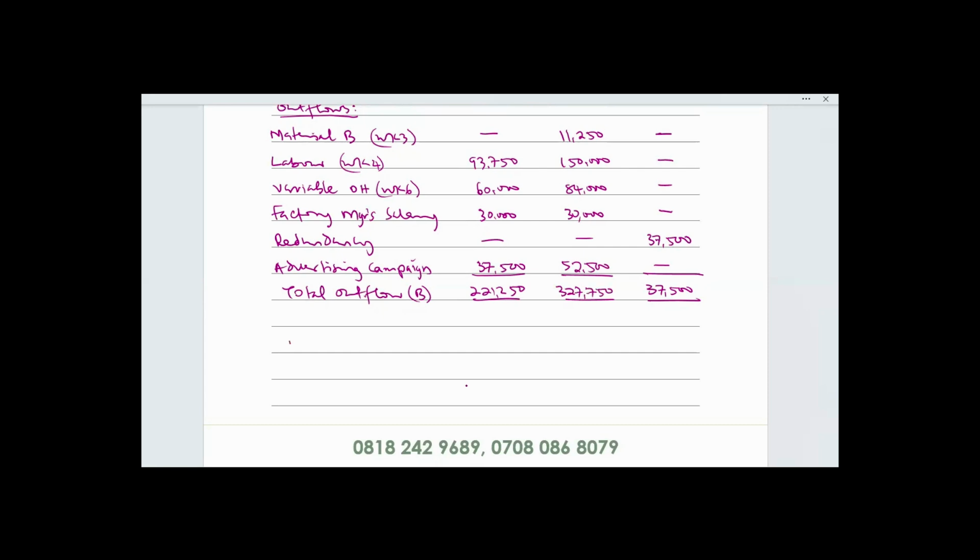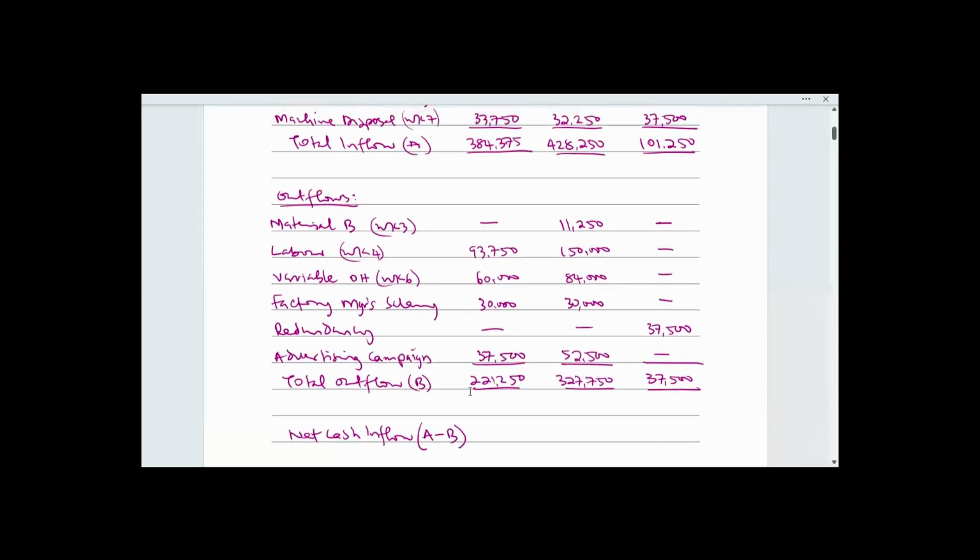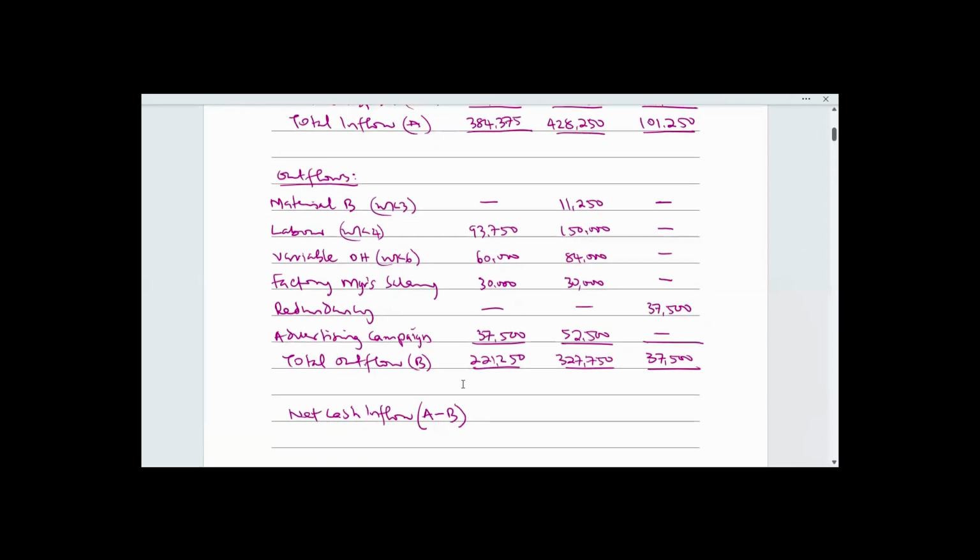So let's find the difference. The difference will give us a net cash inflow. It could be net cash inflow or net cash outflow, which is A minus B. But because A is greater than B, it will be net cash inflow.